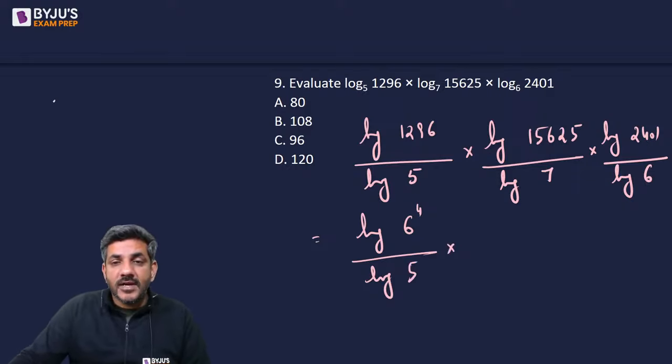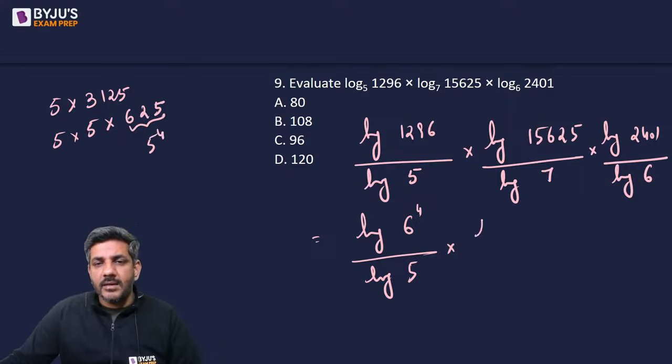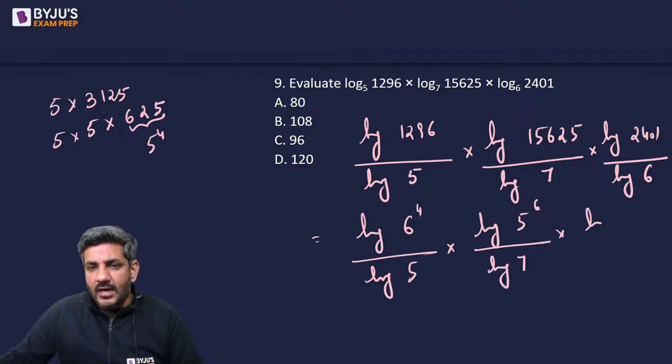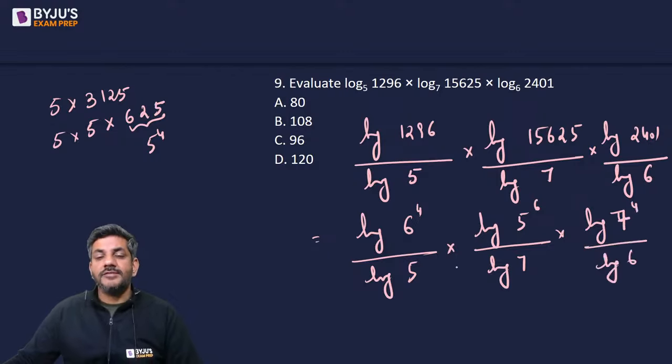Now 15625 is 5 into 5 3s are 15 and 125, and 3125 is 5 into 625. And what is 625? It is 5 raised to the power 4. So ultimately it will become 5 raised to the power 6 with base of log 7 into, I have log of 7 to the power 4. 7 to the power 4 is 2401 with base log of 6.